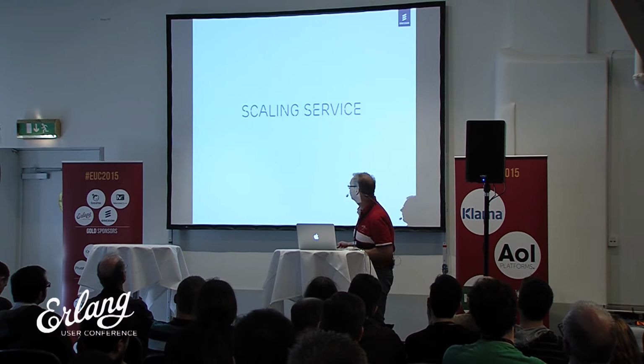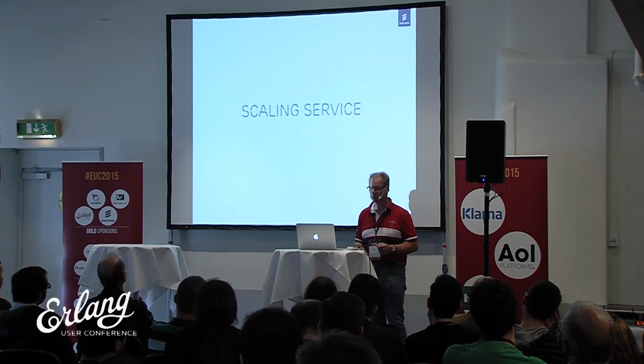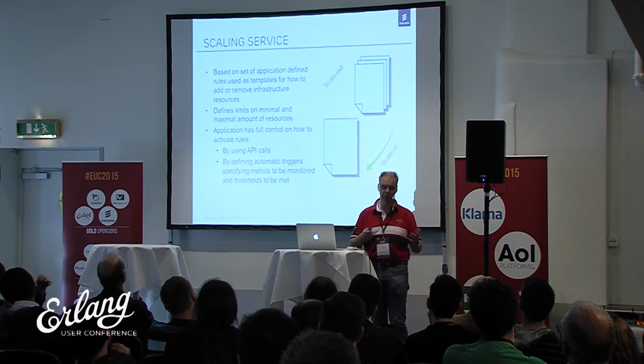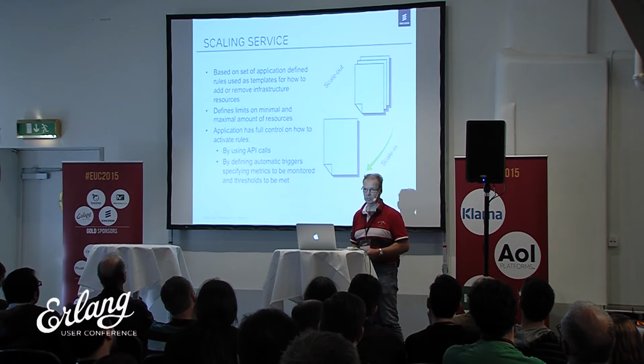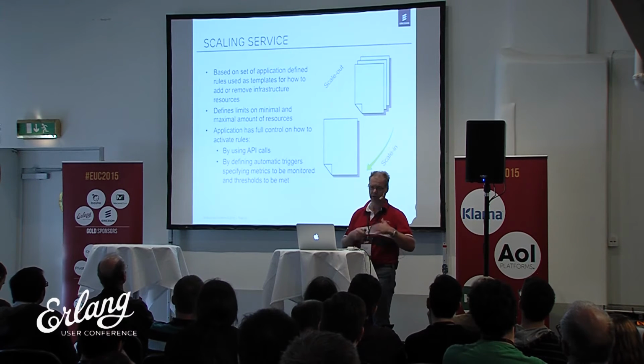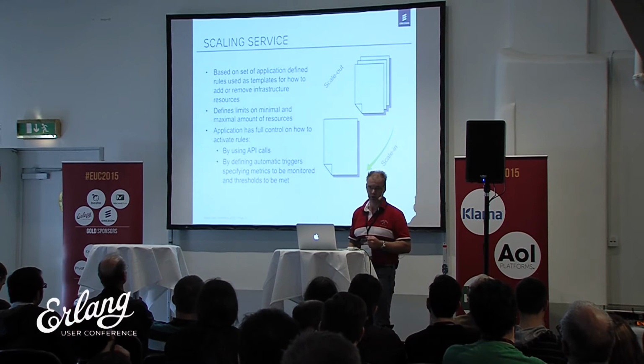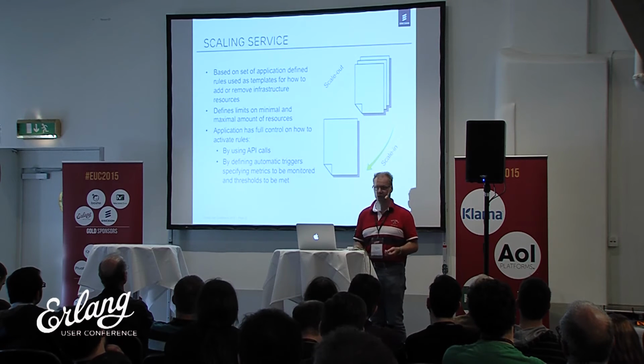Scaling service. This scaling service is a little bit more advanced than what you normally find in Amazon, where you can only specify that you want a certain number of more VMs when certain conditions happen, or remove some.